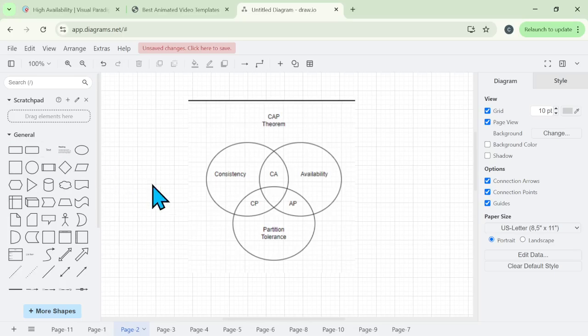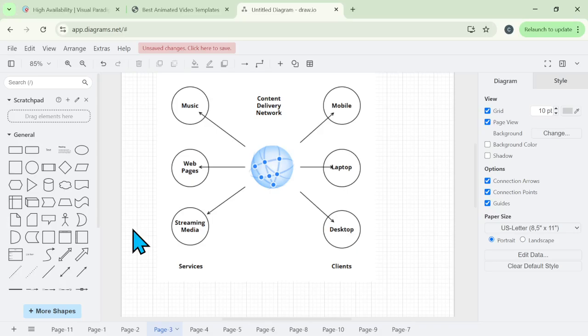Next concept is content delivery network. A CDN, or content delivery network, is one of the most powerful tools for speeding up and securing your web application. At its core, a CDN caches content closer to users geographically, storing copies of static assets like images, videos, JavaScript files, and style sheets on edge servers around the world.